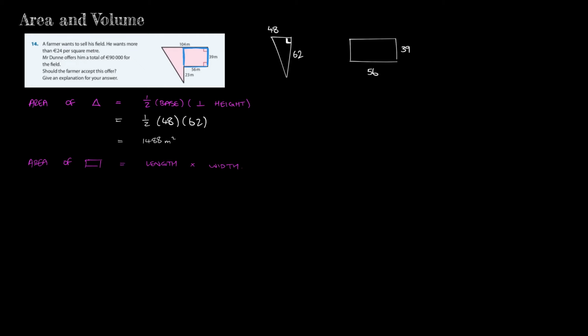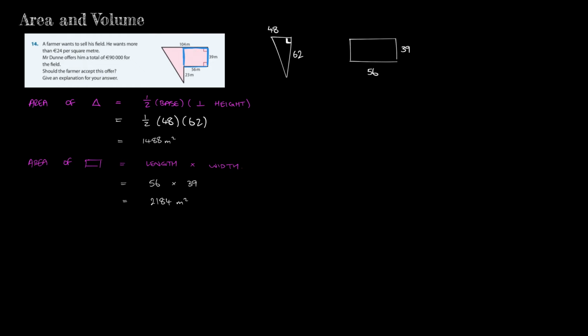So length by width, so it'll be 39 by 56, or 56 by 39 even, I suppose you could say. 56 by 39, which gives you 2184. So I found the area of the triangular part. I found the area of the rectangular part.